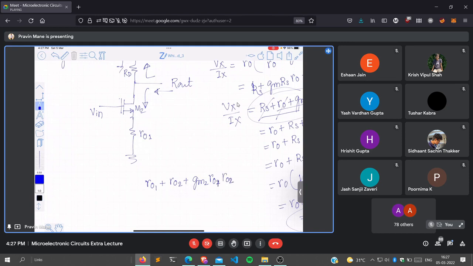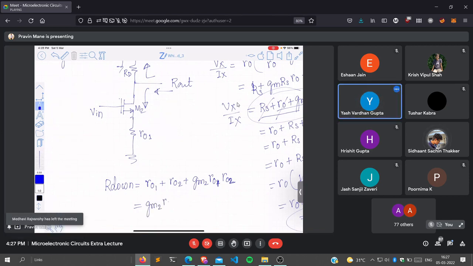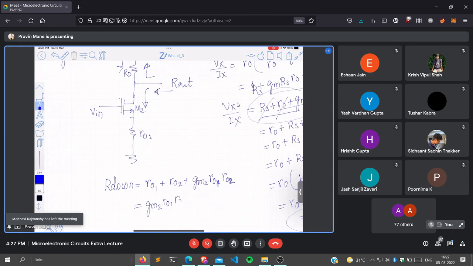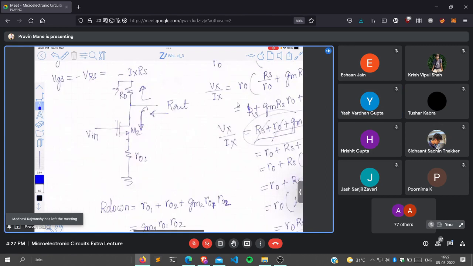RO1, RO2, that sequence doesn't matter. This is the impedance when you look from here, this is R down. This is the exact value. What is the approximate value? gm2 RO1 RO2, looking from this.